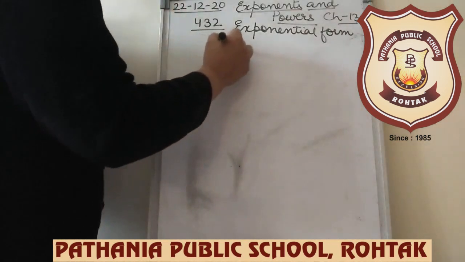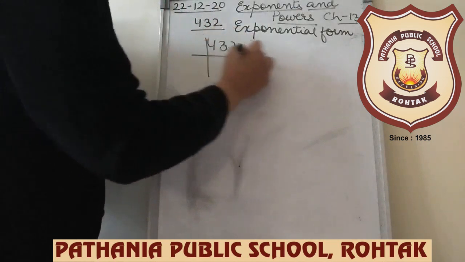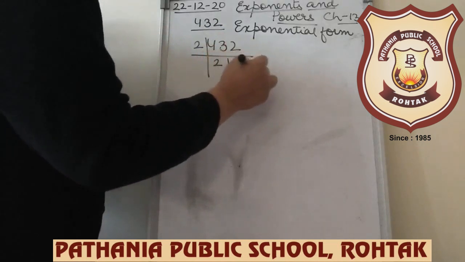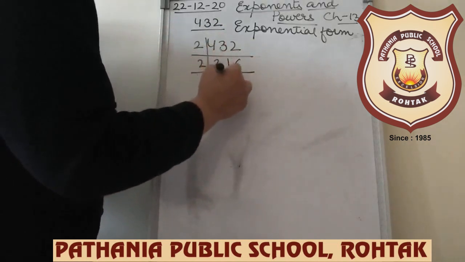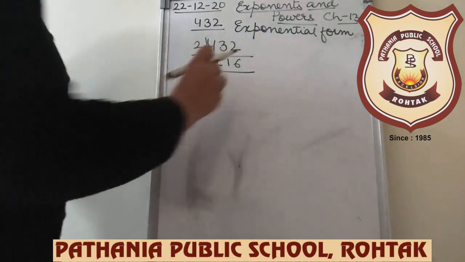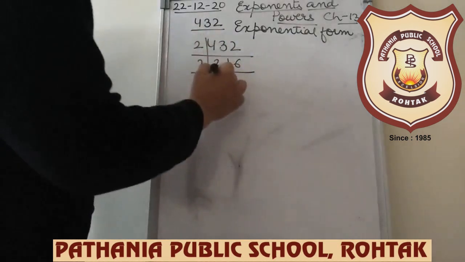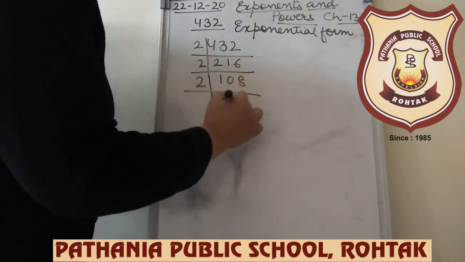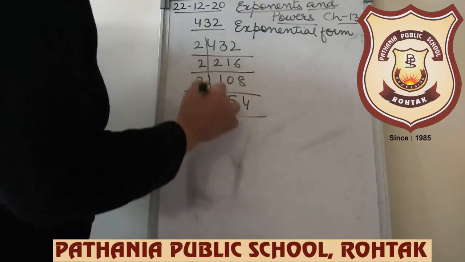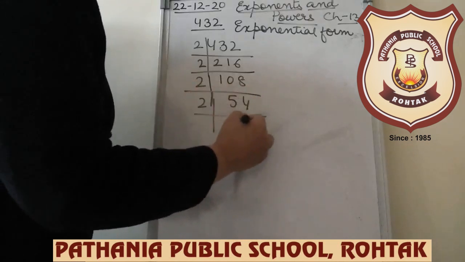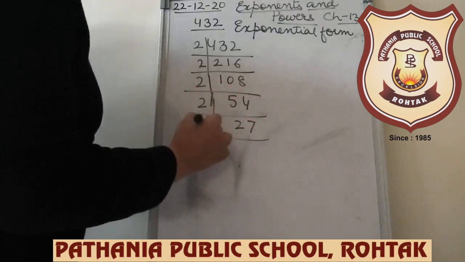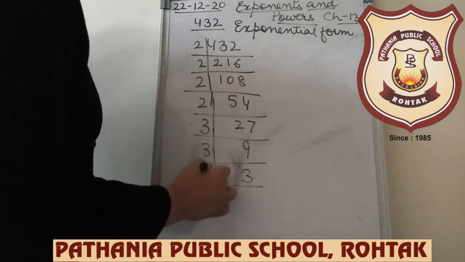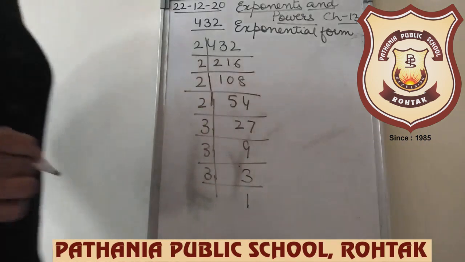So write the prime factors: 2 2s are 4... 2 216, 2 108, 2 54, 2 27, 3 9, 3 3, and then 3 1.